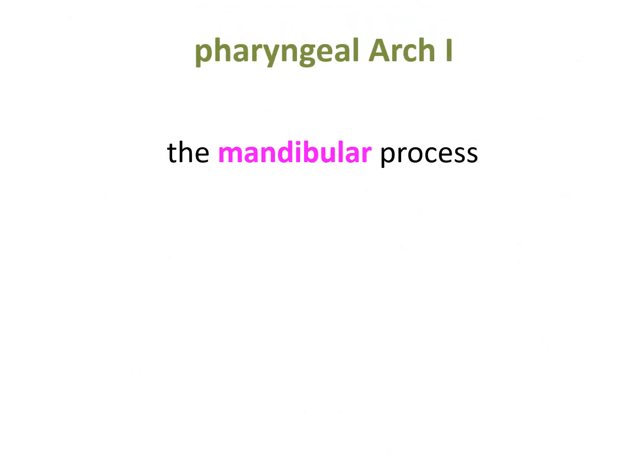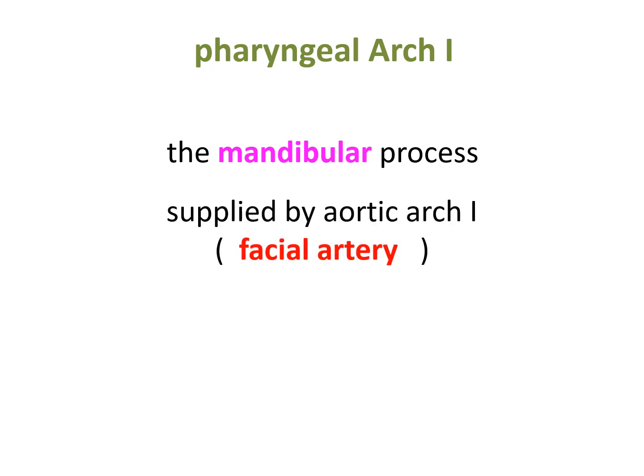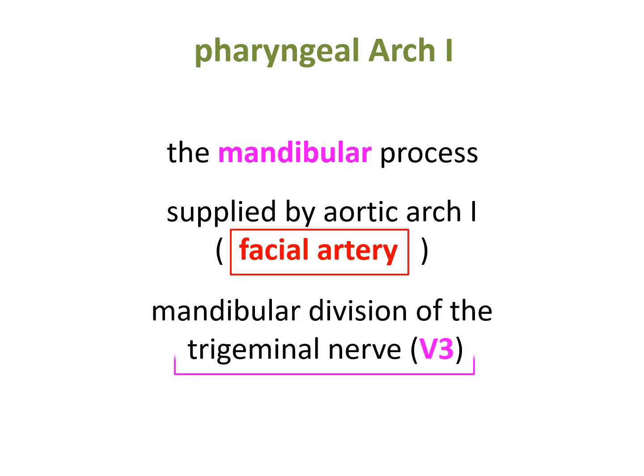Pharyngeal arch 1, the mandibular process, is supplied by aortic arch 1, the facial artery, and the mandibular division of the trigeminal nerve, V3, as nerve supply.